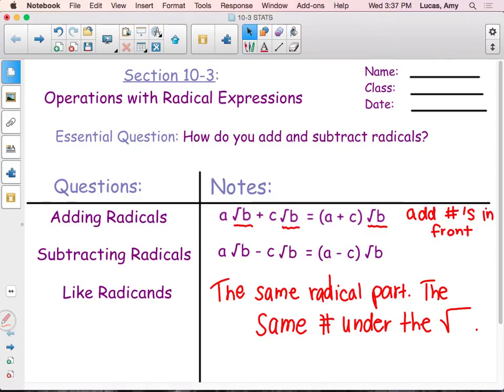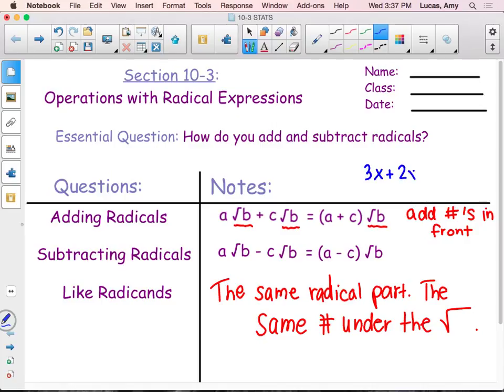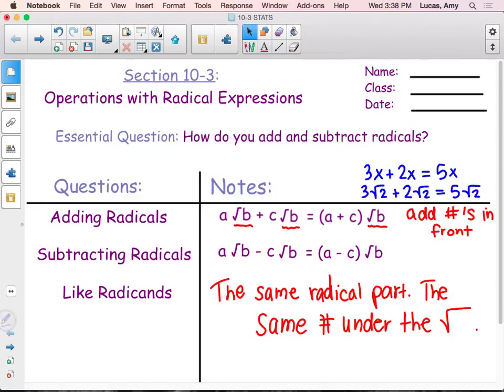So for example, we could say 3x plus 2x equals 5x. Now instead of x, it will be a square root of something. Like 3 times the square root of 2 plus 2 times the square root of 2 equals 5 times the square root of 2. So very similar to working with variables.